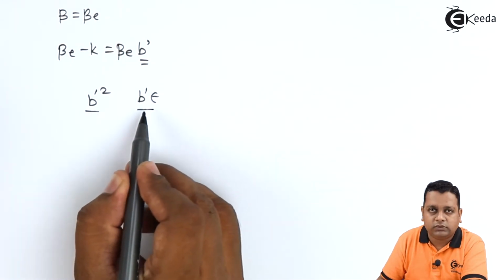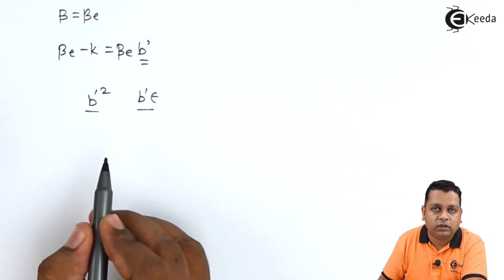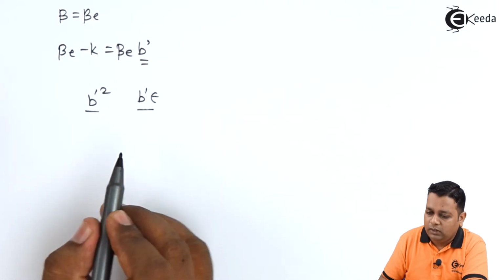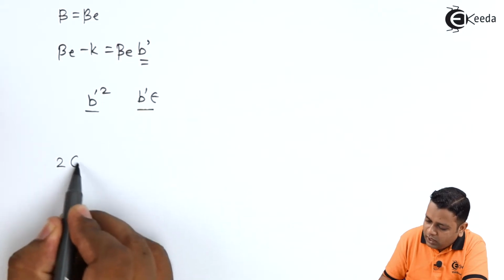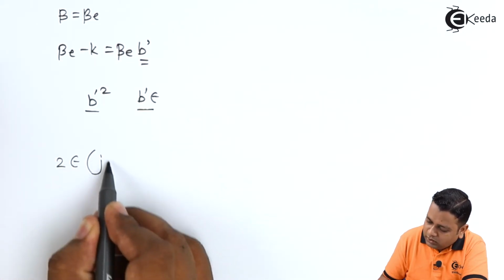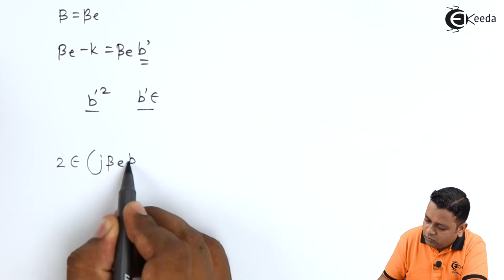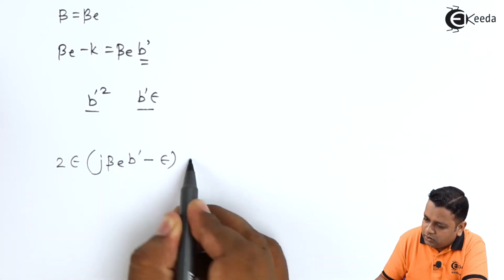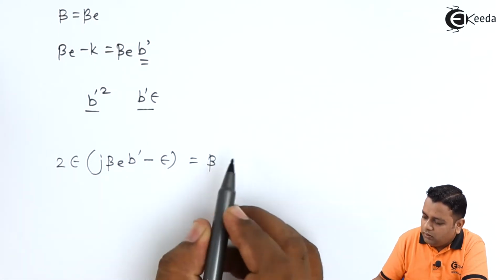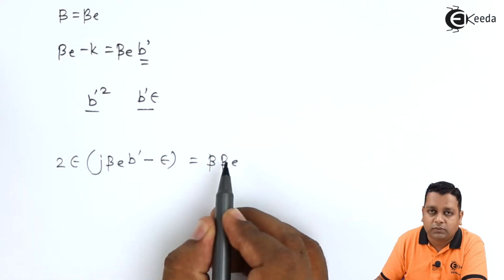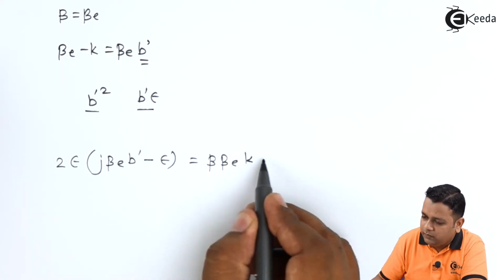Neglecting such terms, we get a modified, simplified form of the equation, given by twice epsilon in the bracket j times beta suffix e small b dash minus epsilon, equal to beta into beta suffix e small k in the bracket.